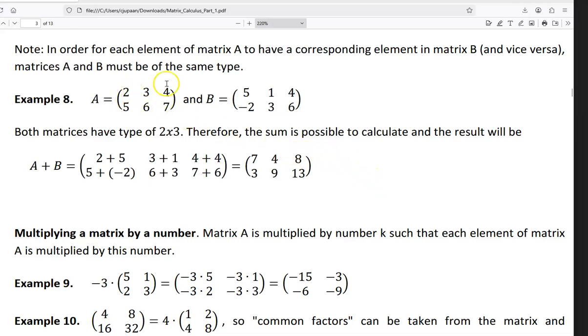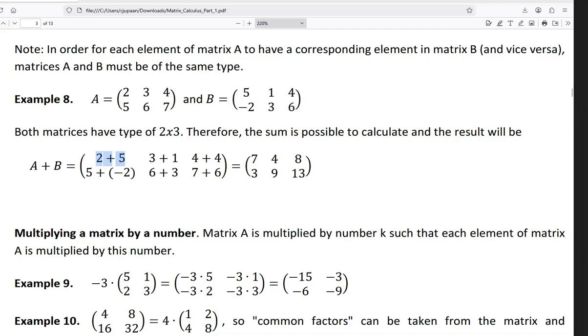You just add those elements which are located in the corresponding place. For example, 2 plus 5 is the corresponding element of the sum matrix, and the same holds for the other elements. Very simple rule.